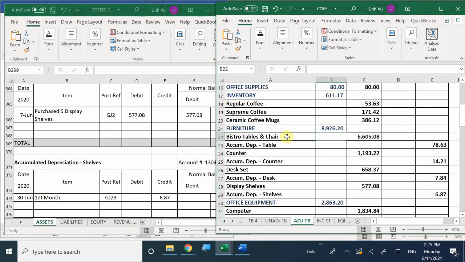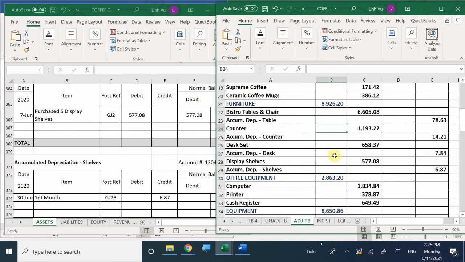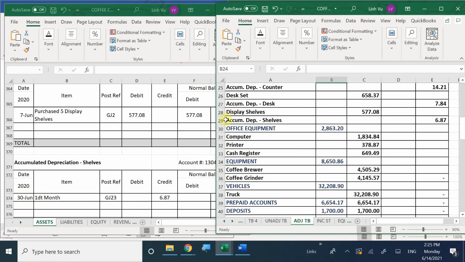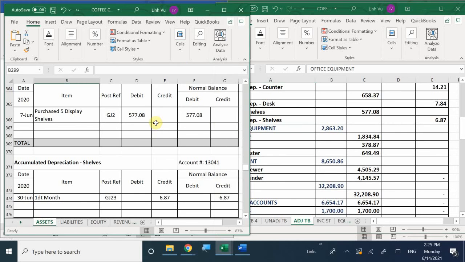Good. All right. So now we got a fair market value, or in this case book value, of $8,926 worth of furniture. Okay, so of course, every fixed asset that we calculated accumulated depreciation for, you're going to do the same thing. Same thing for your office equipment.